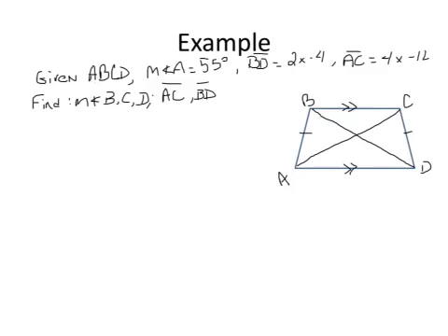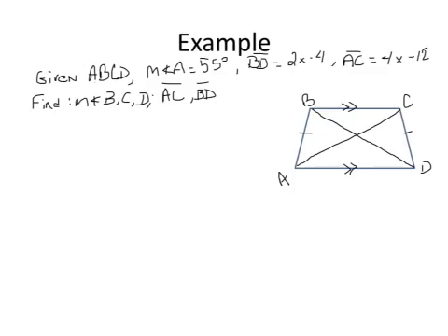Okay, so here we have an example. We're given polygon ABCD with the current markings. We're given that the measure of angle A equals 55 degrees. Segment BD has length 2x minus 4, and segment AC has length 4x minus 12. Okay?